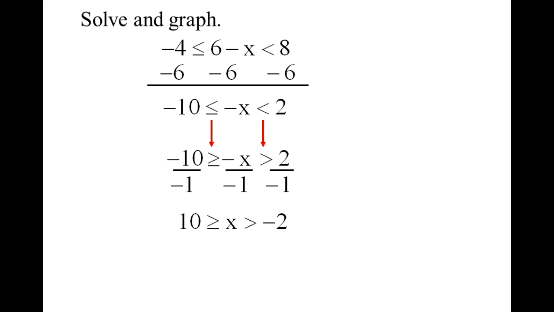Number one, is the number on the left the smallest number? No, so that's wrong. And are the signs less than or less than or equal to? No. So just like before, we have to flip that whole thing around. So when you end up dividing by a negative and it's in the middle, just know your final answer might have to be flipped all around, so that in your final answer, the number on the left is always the smallest, and the two inequality signs are always pointing to the left. That's going to be true for all of them. Okay?